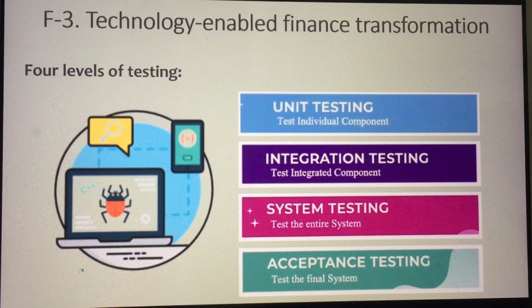When we say unit testing, say for example, it's just one functionality of the system. For example, in our delivery application, viewing the goods and services that the company offers, that's an example of a unit test. One part, one component of the system, that's what you test. That's what we call unit testing.